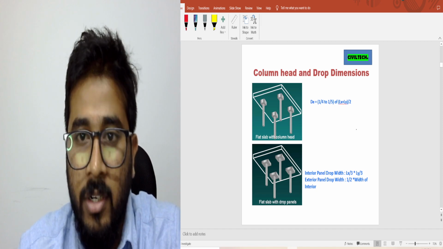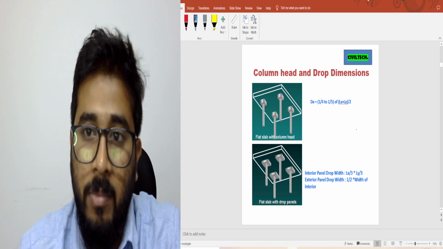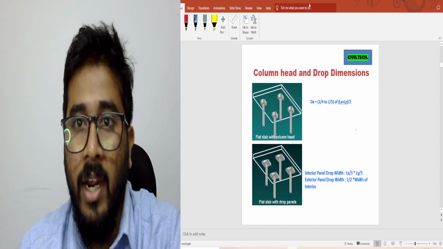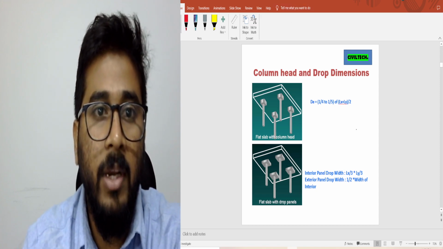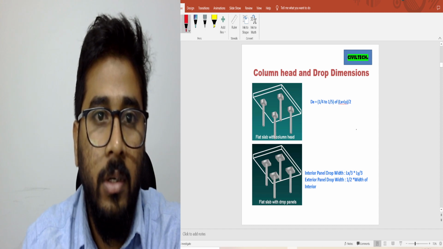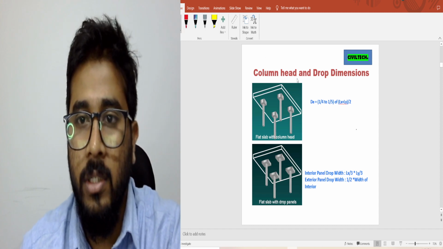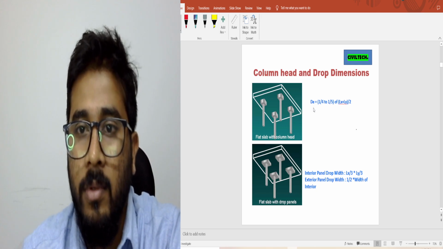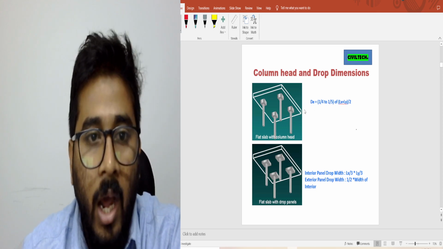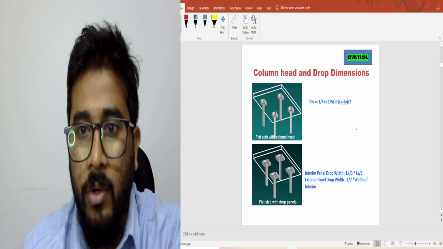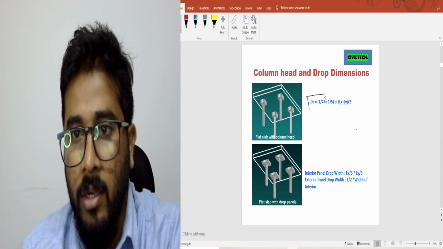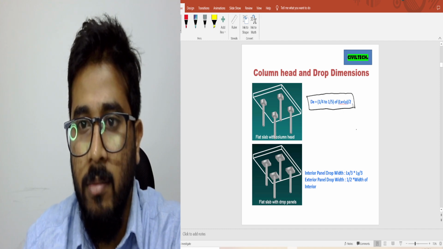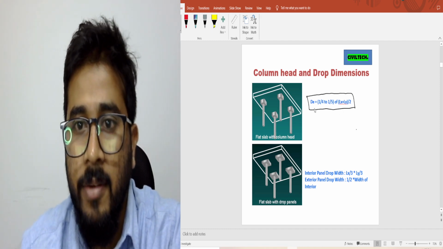If you want to model the columns, column head or drop dimensions, or analyze by manual calculation, then you need to find the dimension of column heads and the dimension of drop panel. How can you find out? You can find out using this formula. DE, what is DE? I already explained it in my last slide.